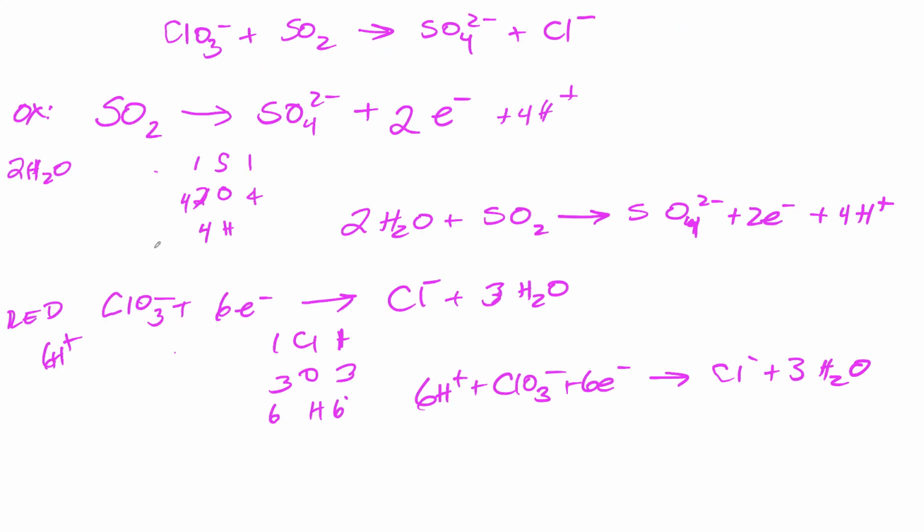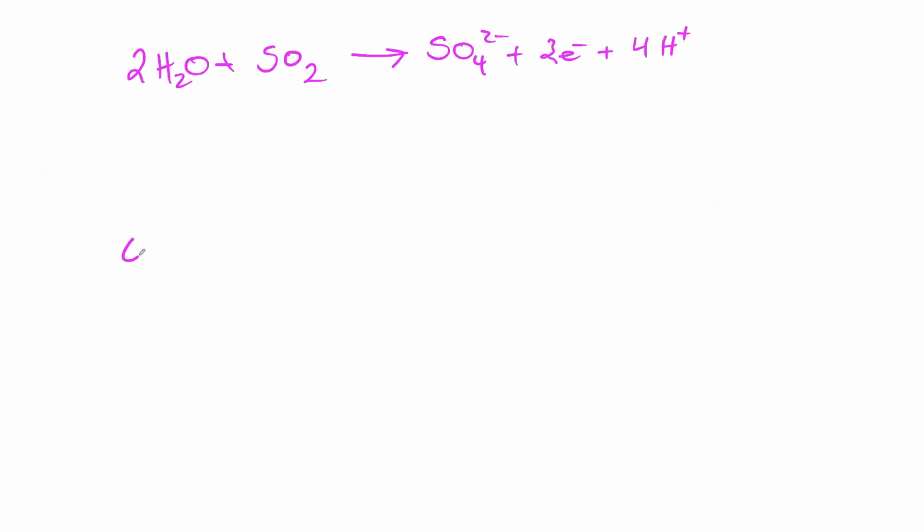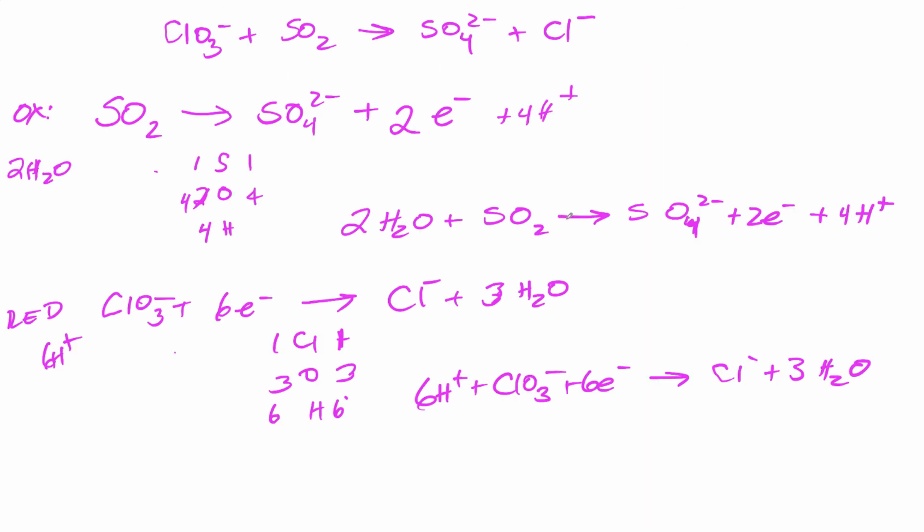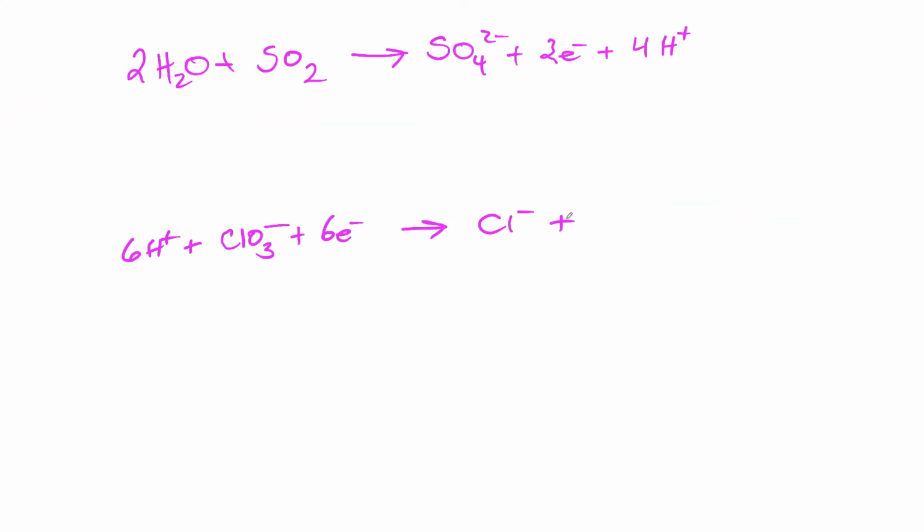And down here we've got 6H plus ClO3 minus plus 6 electrons yields Cl minus plus 3 H2O. And the charge is balanced and everything's fine.